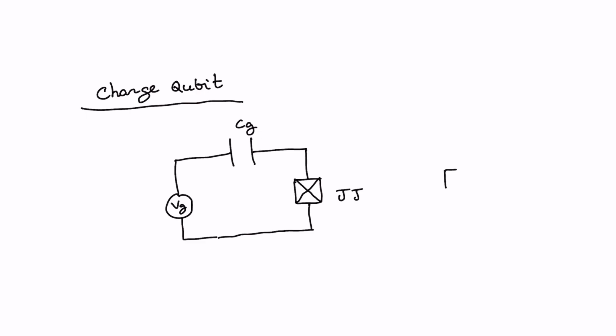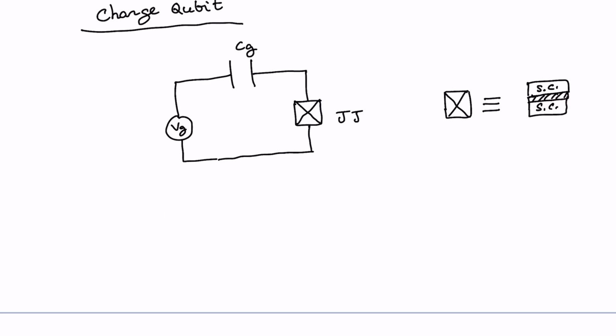And let me remind you once again that this Josephson junction is nothing but two superconductors separated from each other by a thin insulating layer. So this is what I have. Generally, the portion of the superconducting piece that is connected to this gate capacitance is called the island, while the other piece separated from the island by this thin insulating layer is called the reservoir.